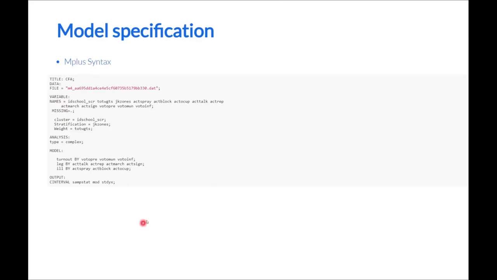Very well. And this is a picture of the input file syntax in Mplus, and how it's created by R. After that, in the final part, I will show a little bit of the input and output files.